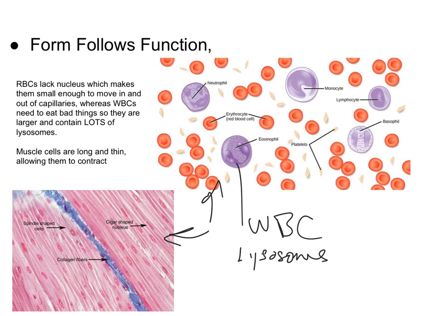Lysosomes contain enzymes that dissolve. The reason they do that is they take in bacteria or other pathogens and destroy them. So this is another example of concentration of a particular organelle in a particular cell with a particular job. Okay, I hope that helps.